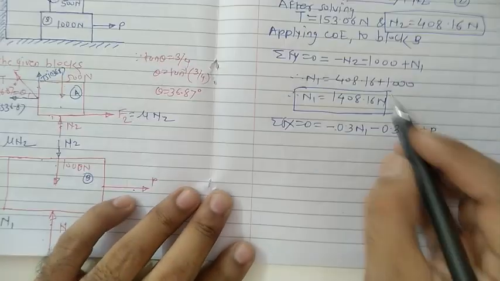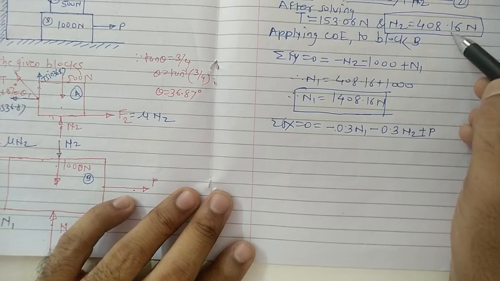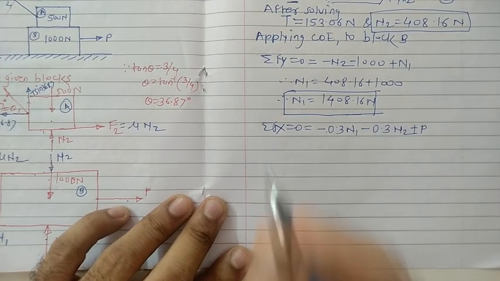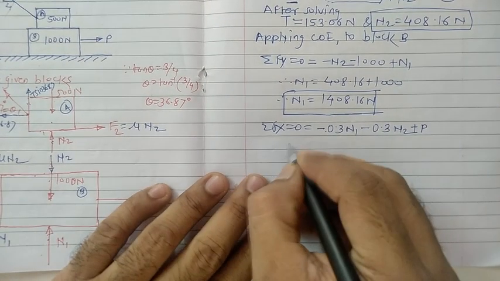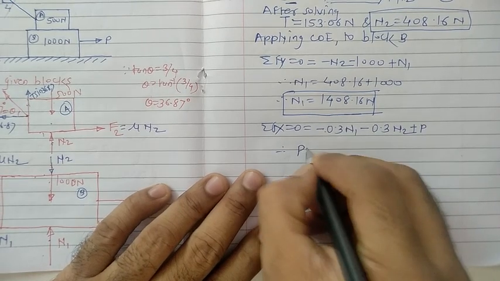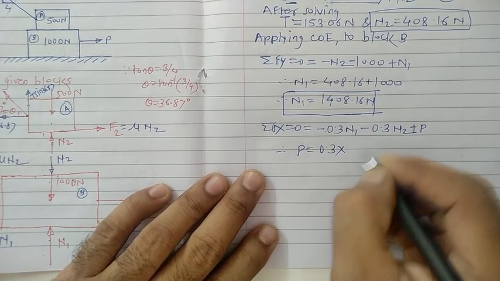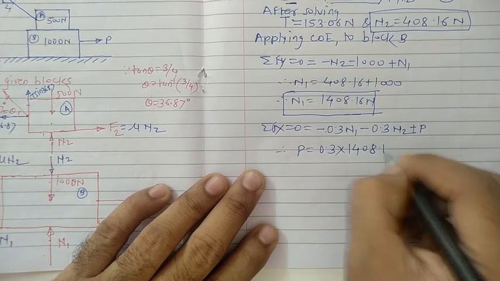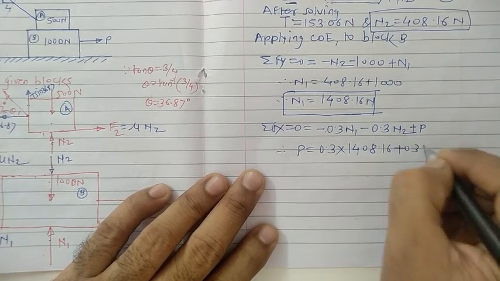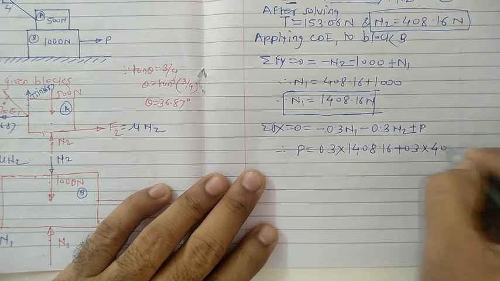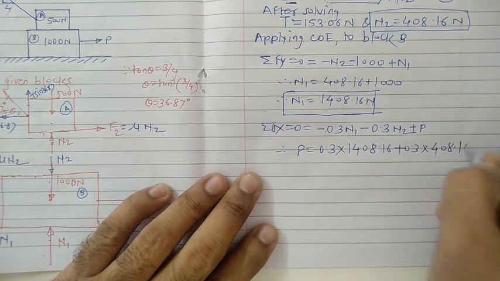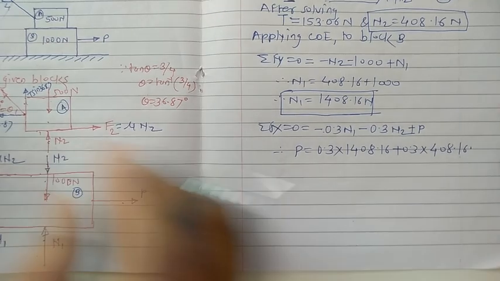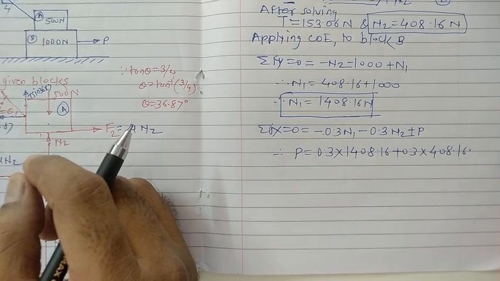Already the values for N1 and N2 are with us. Just substitute here and solve this equation for P. Therefore P equals 0.3 multiplied by N1, 1408.16, plus 0.3 multiplied by 408.16. If you solve this, automatically we can get the answer for P.